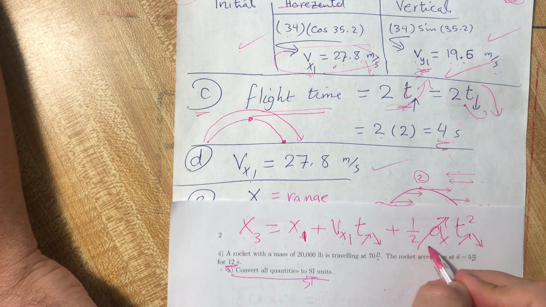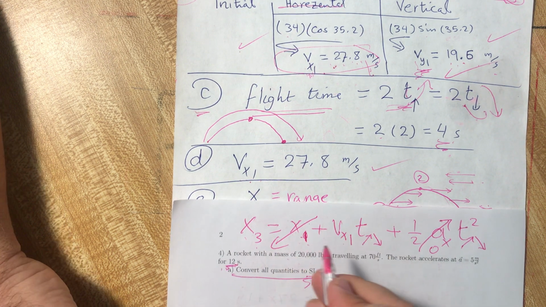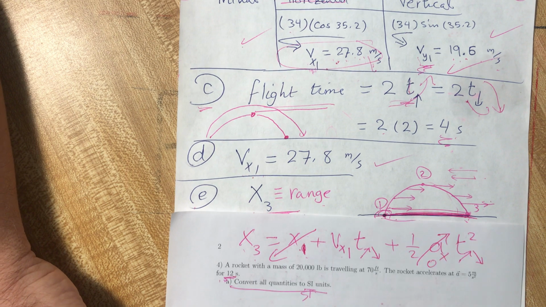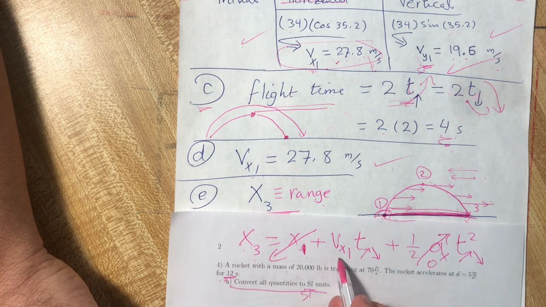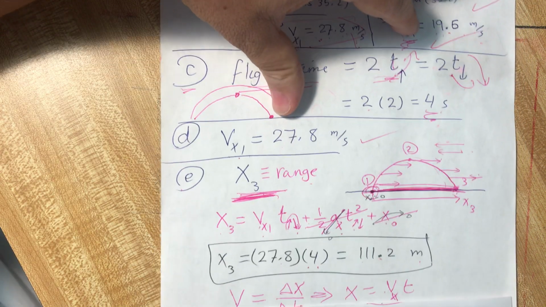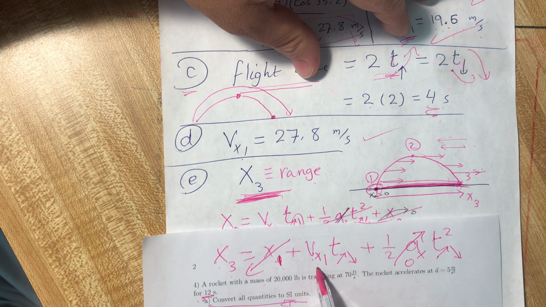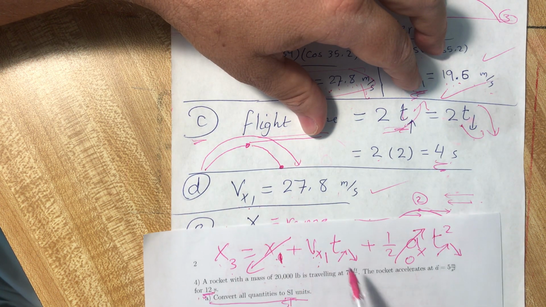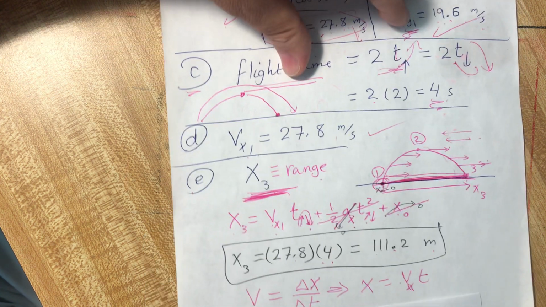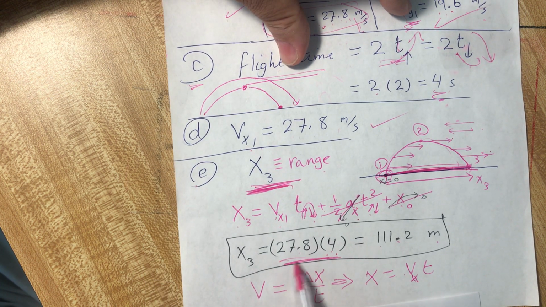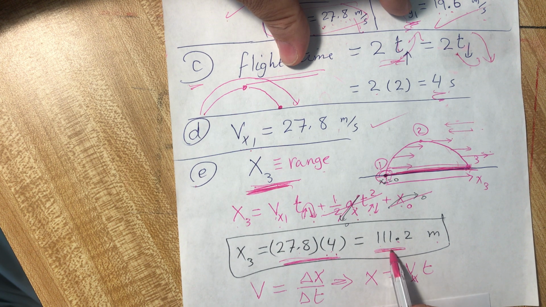The acceleration is 0, and x at the first point we can take as 0, so the total displacement is the velocity in x direction, 27.8, multiplied by the flying time, 4. The total distance in x direction is 111.2 meters.